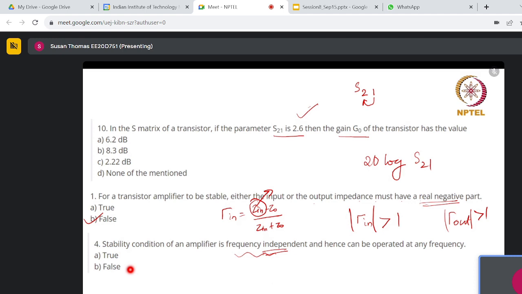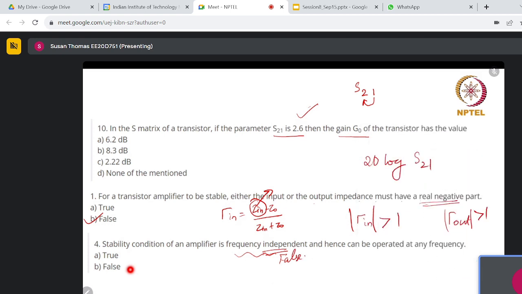So the question, stability condition of an amplifier is frequency independent and hence can be operated at any frequency, basically has two statements. The first statement is a false statement.